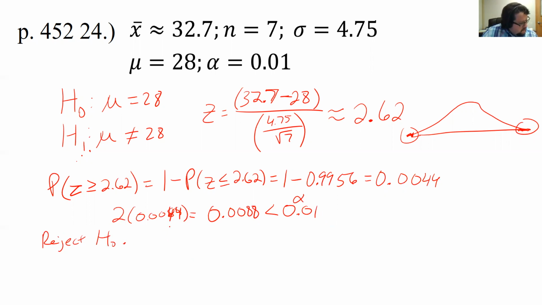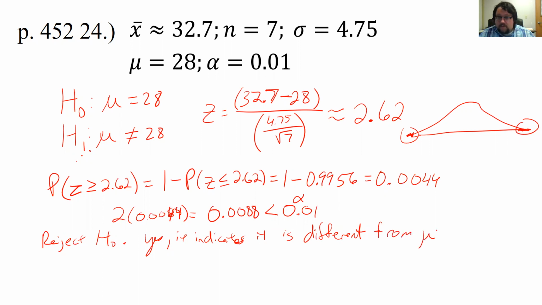So what does it say? Does the data indicate that Roger's blood volume is different? Yes, it indicates it is different from this standard value of 28 milliliters per kilogram.